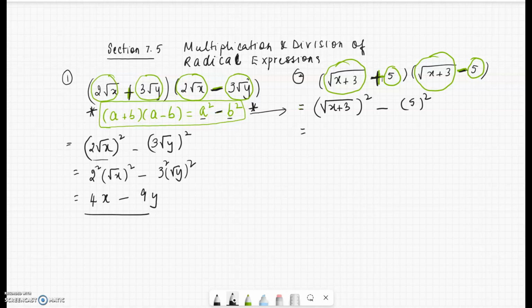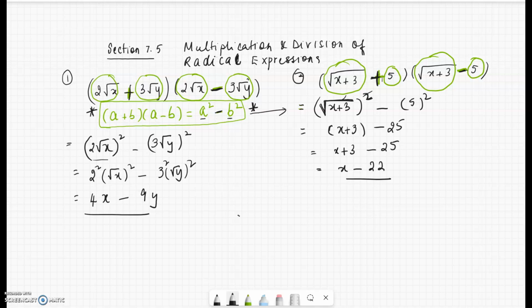So then it becomes a difference of squares. So square root squared, these two cancel each other out, and you have x plus 3 minus 5 squared is 25. So you have x plus 3 minus 25. So this is equal to x minus 22.